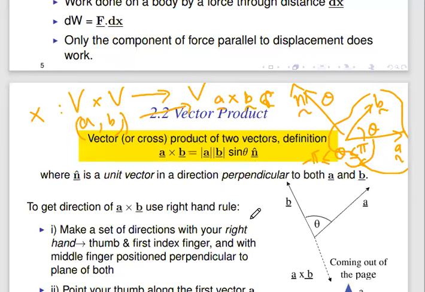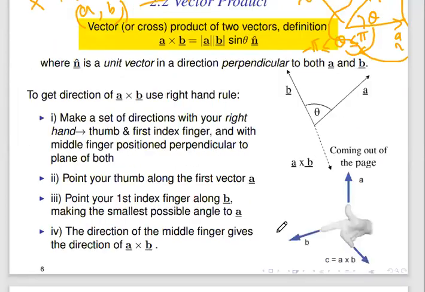You have to use your right hand to get the direction of A cross B, which is a unique vector, right? So take your right hand.